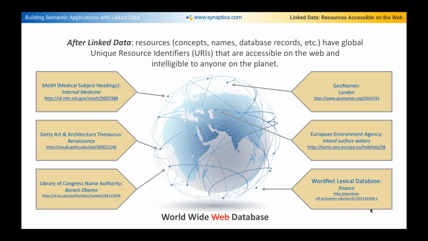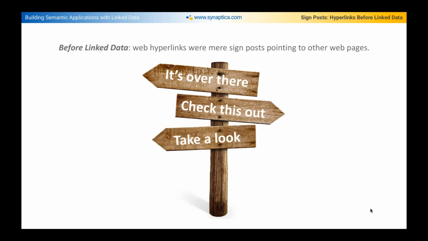So in the examples here, I could go to a medical record in the MeSH vocabulary. I could go to Getty Art and Architecture. I could go to the Library of Congress. I could go to GeoNames, etc. So these resources are openly accessible and shareable. The vision of this was described by Tim Berners-Lee as turning the World Wide Web into a worldwide database, the semantic web. That's really what this is about.